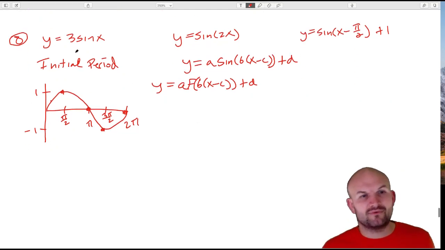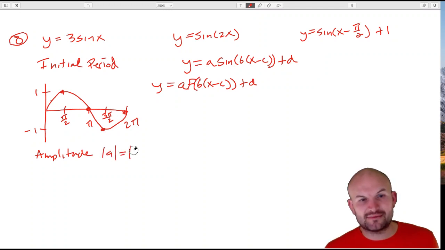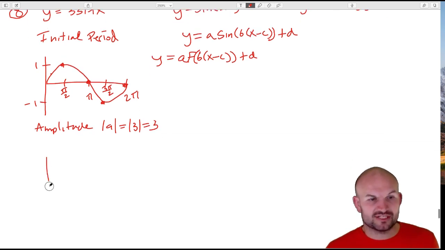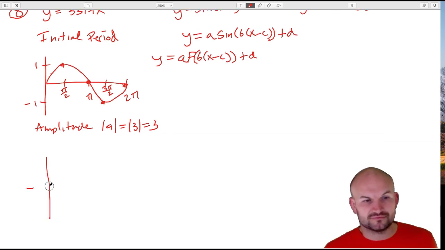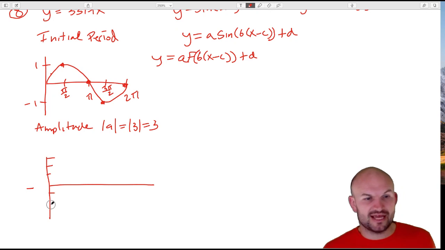So when I have this 3 here, we've got to say, what is that 3? What is the only thing that's being impacted here if I needed to graph this? So really, this is what we call the amplitude. So the amplitude is the absolute value of A, which in this case is the absolute value of 3, which is just 3. So basically what that tells us is this graph, instead of going up to 1 and down to -1, is going to go up to 3 and down to -3.